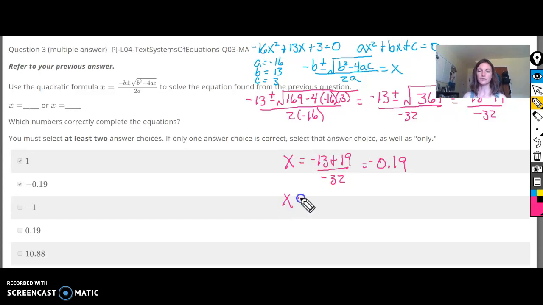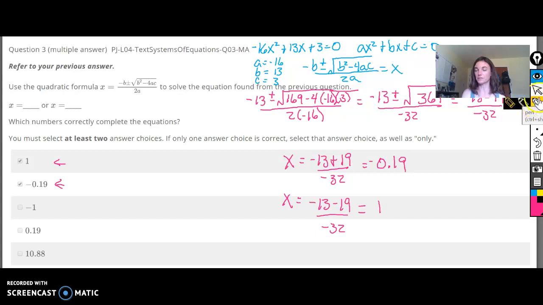The other x value will be at negative 13 minus 19 over negative 32. Negative 13 minus 19 is negative 32. So negative 32 divided by negative 32 is a positive 1. Okay, so those are the two values of x where it crosses the parabola.